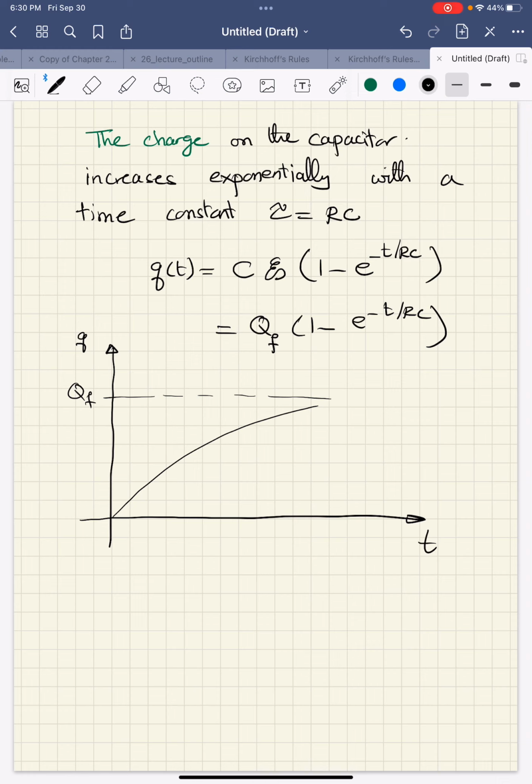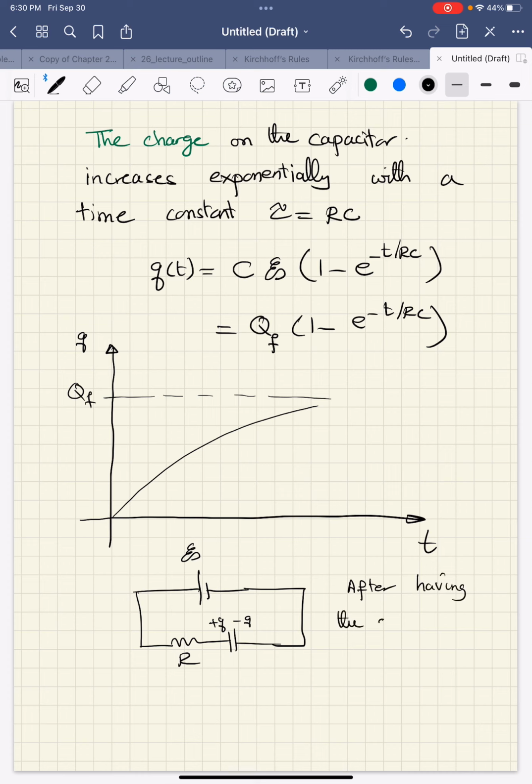Finally we end up with this situation where this is my EMF, this is R, and this is the capacitor. This one has plus Q and that one has negative Q, after the switch is closed.